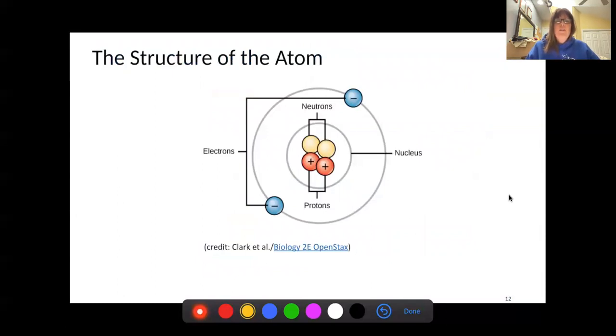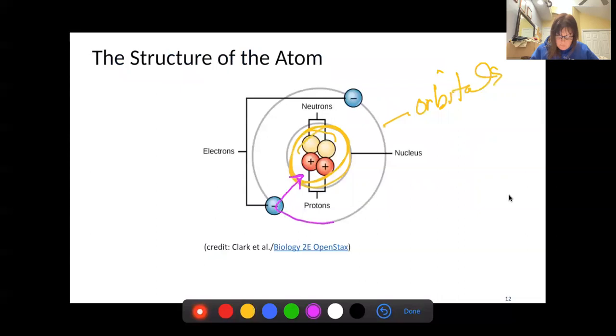So we have the structure of the atom. We have our protons and our neutrons in the middle. And then out here, we call these our orbitals. That is where we find our electrons. The electrons are really interesting because the electrons and the protons are attracted to one another.